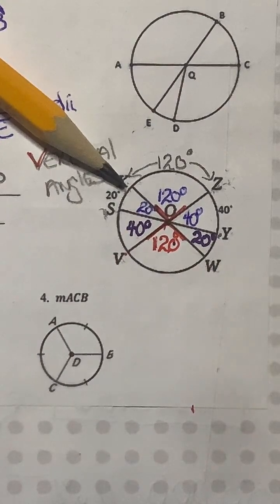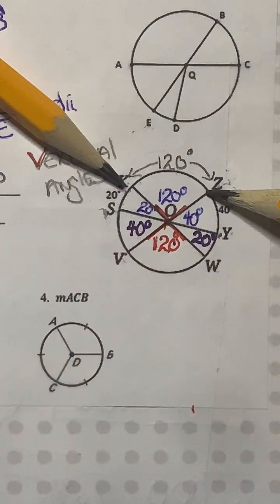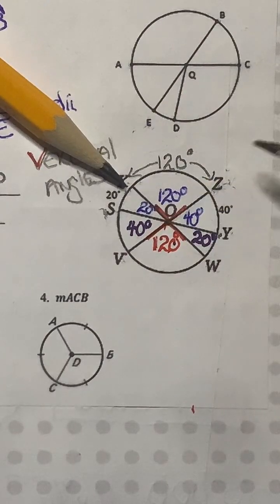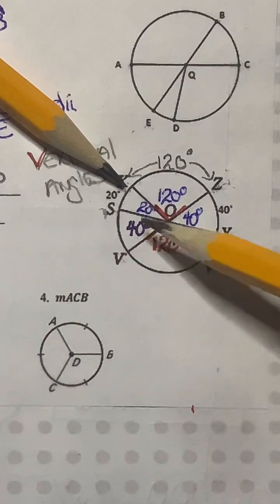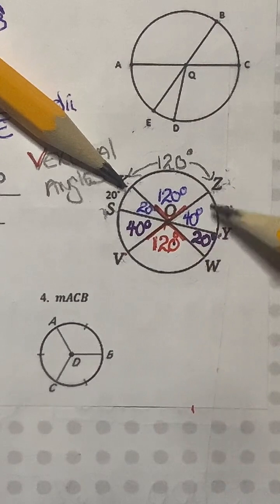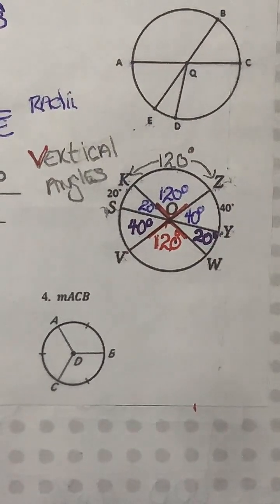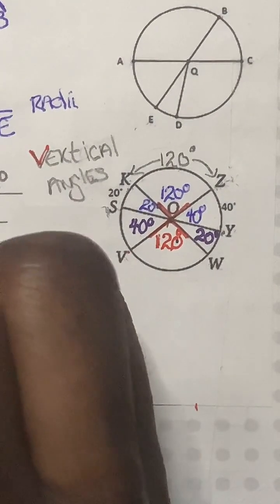Or you can say, the whole circle is 360, and I know that 120 is not going to be a part of it. So why don't I take the 360 and subtract the 120 to get the remaining parts of my circle? So you can approach it one of two ways.